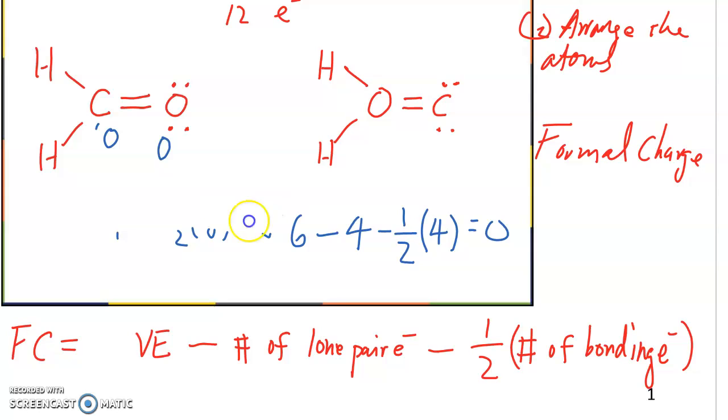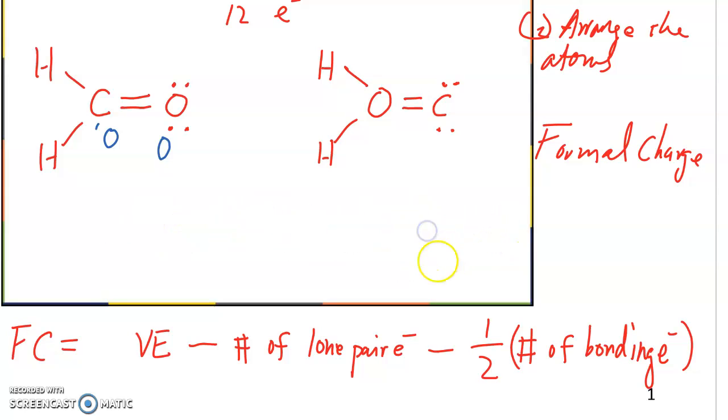For the oxygen, what is the number of valence electrons for the free atom? I'm working on this oxygen here now. For oxygen, that is 6, minus the number of lone pair electrons.